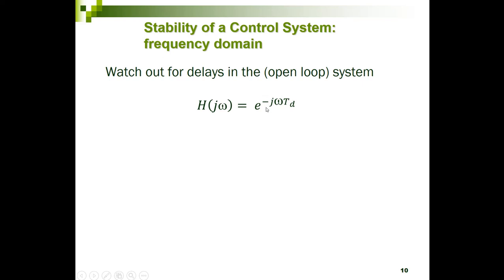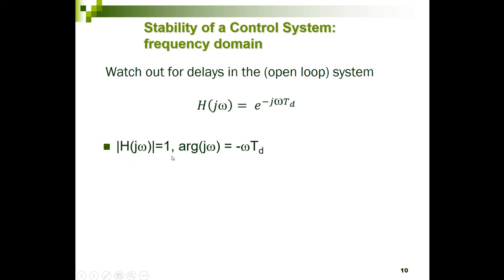So the phase of this system is minus omega times td. So a system with delay will always cross minus 180 degrees, because when omega increases, that phase will get lower and lower, and in the end it will always cross minus 180 degrees.